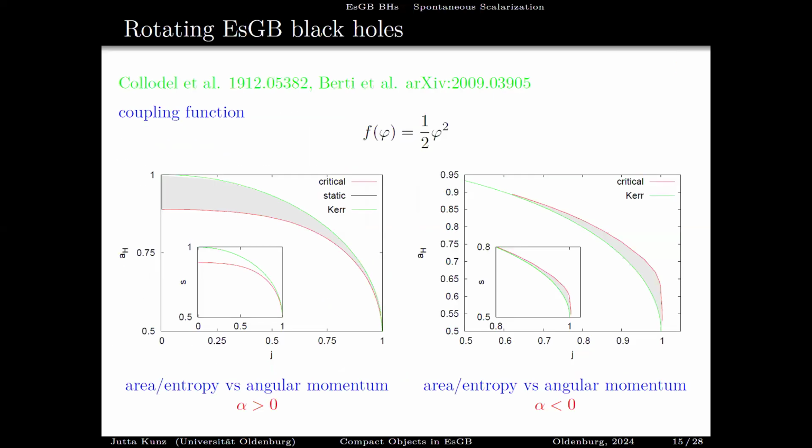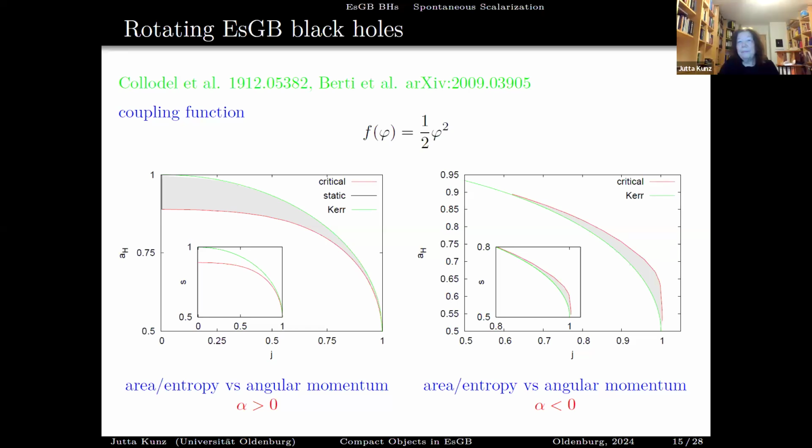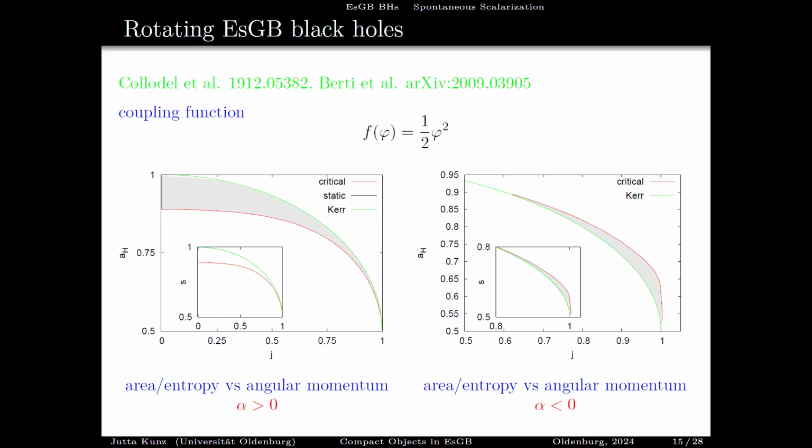And so qualitatively, are there any properties that are more or less independent of the detail form of the coupling function? For example, you mentioned that the entropy compared to the Schwarzschild case is somewhat larger. Is it more or less independent of the coupling function?